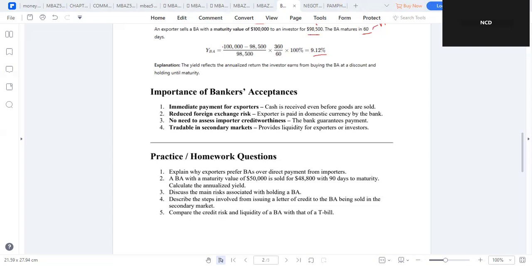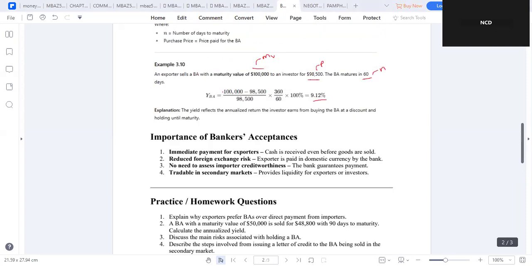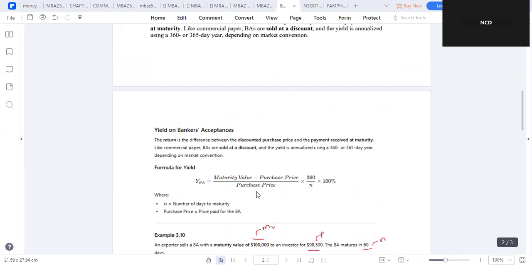So we multiply by 100. So maturity value minus purchase price over purchase price times 360 over n times 100. If we calculate that, we're going to get something like 9.8%.